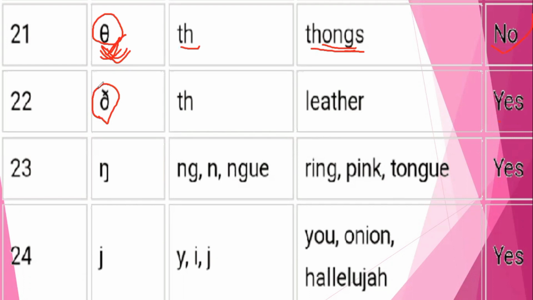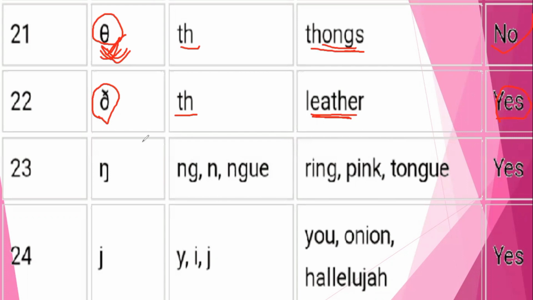But its pronunciation is th, as in leather, further. It is a voiced sound, pronounced with vibrations at the vocal cord.